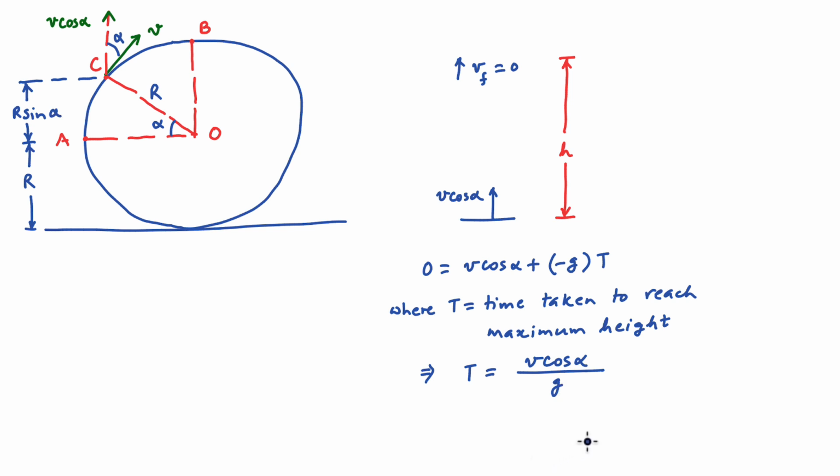Next, we ask ourselves, what is this height h, which is a function of alpha, that this particle will reach? This is equal to the initial velocity v cos alpha times the time T plus half of acceleration, again this is minus g, times T square.